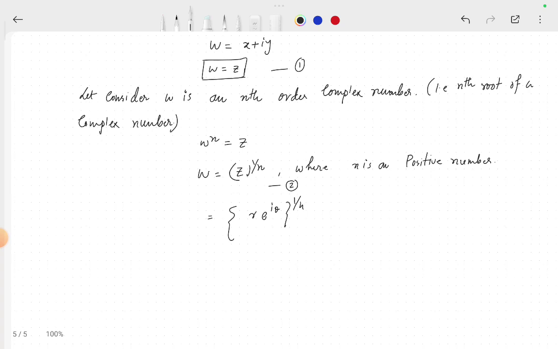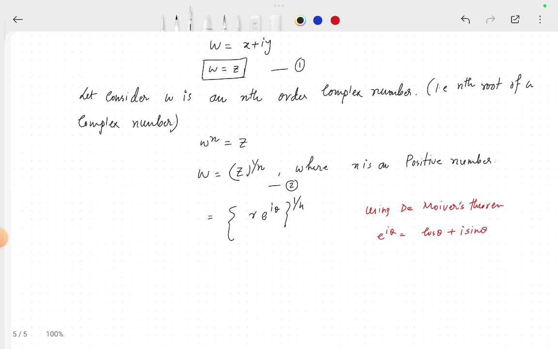Now using the de Moivre's theorem, e to the power i theta equals cos theta plus i sin theta.